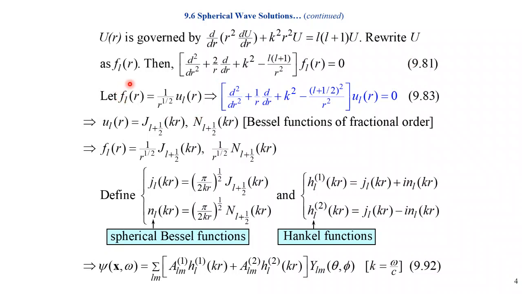Let's rewrite this equation again. If you don't like this one, you can write u here, and then u can be redefined into here. You can redefine FL equals 1 over square root of r times u, but this time it's not the uppercase, it's lowercase u with subindex L, a function of r only.